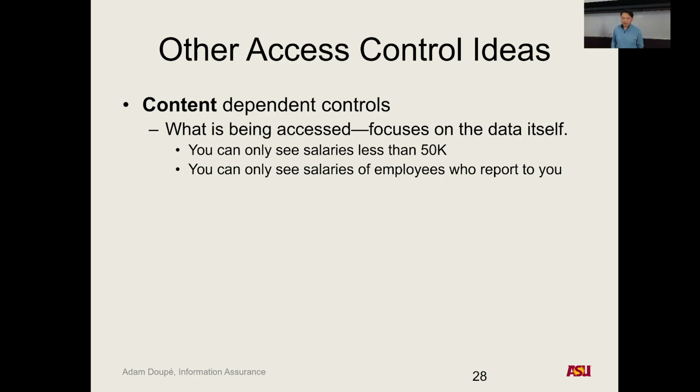And you only see salaries of employees who report to you, like only my group members report to me, so I can see only their salaries. Or the doctor and patient: only the doctors assigned to the patient can see the chart of that patient. Based on the content, we can set the policy. We call that content-dependent control.